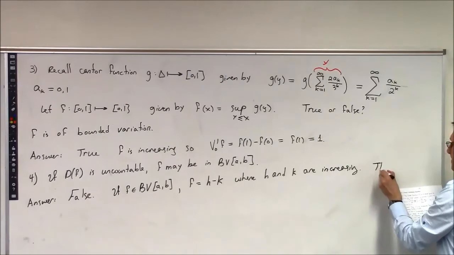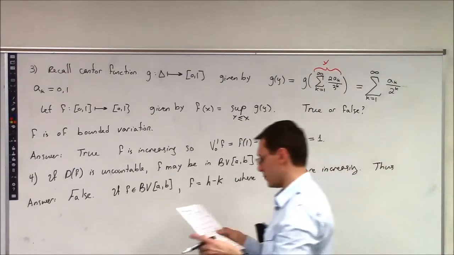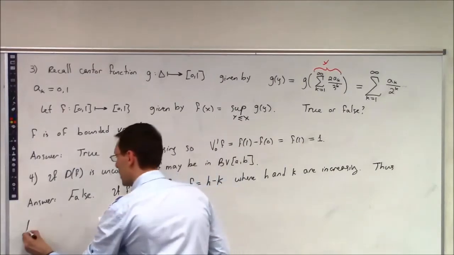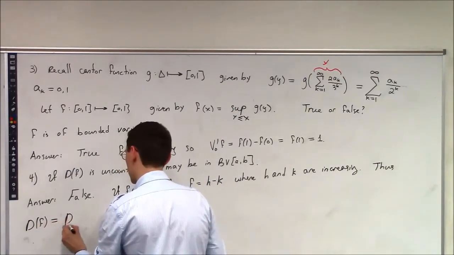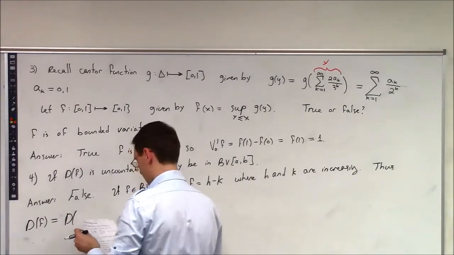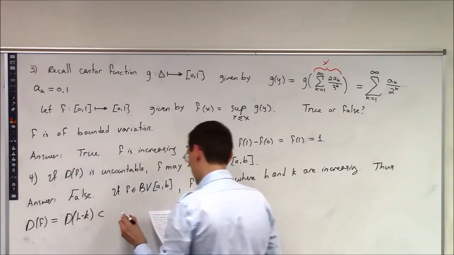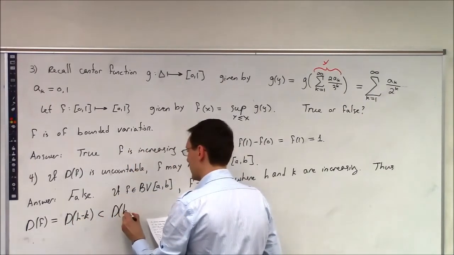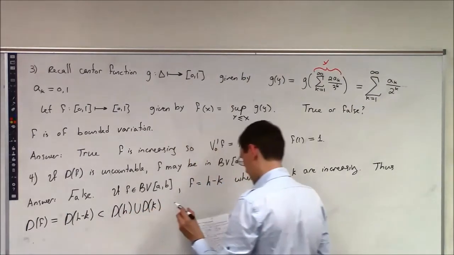So this representation is pretty clever, in terms of increasing functions. Thus the discontinuities of f are just the discontinuities of h minus k, which is contained in the set of discontinuities of h union the set of discontinuities of k, and this is countable.